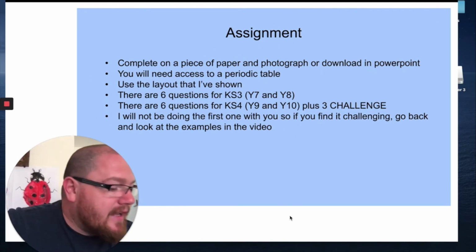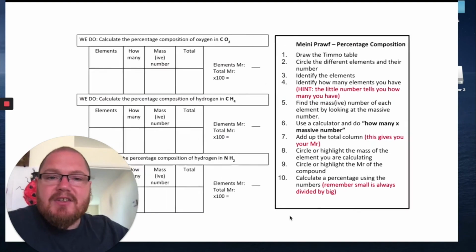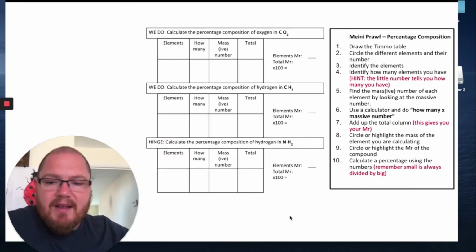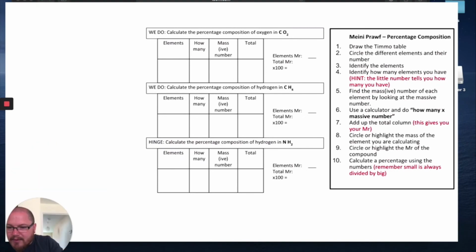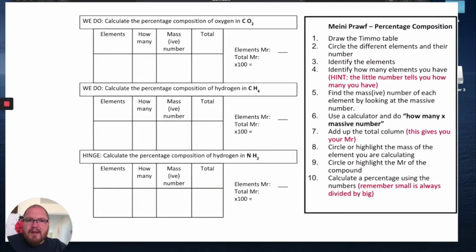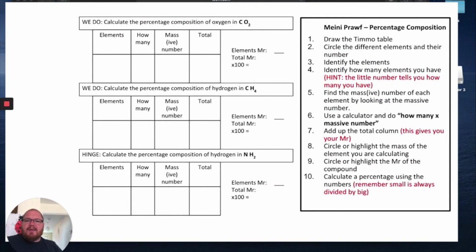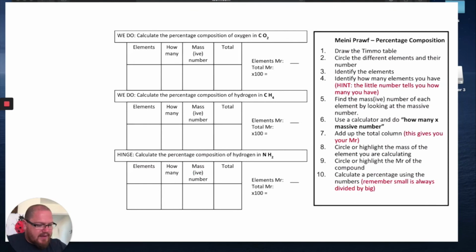So let's have a look at Key Stage 3. So Key Stage 3, we've got 3 questions here. I'm just going to minimize. Oh, I can do this. So there we go. A bit smaller now, look. So there's 3 questions there. And then, ignore the hinge because it was used back in another lesson. So we'll call that 1, 2, 3.